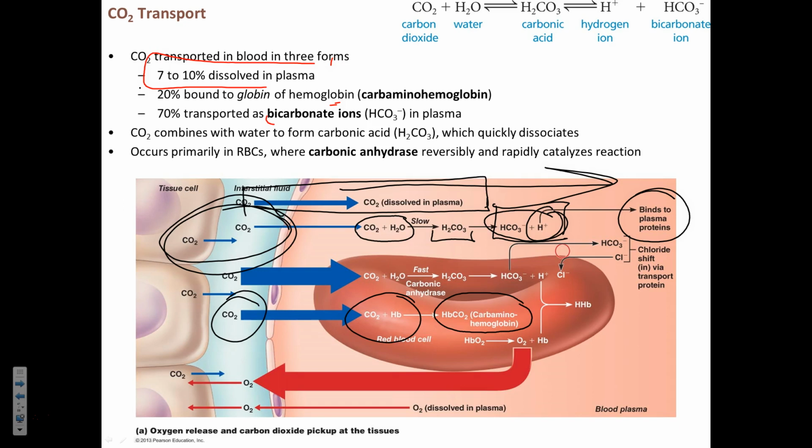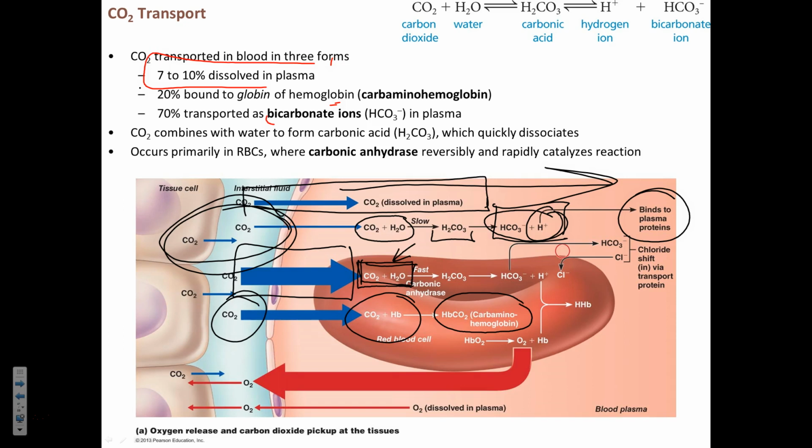Now, the most important part is right here. And for me, it's fantastic chemistry. CO2 inside of the red blood cell, and I want to specifically highlight that, inside of the red blood cell, very quickly reacts with water. Can you see this reaction?